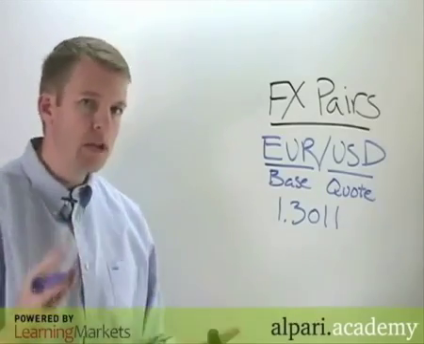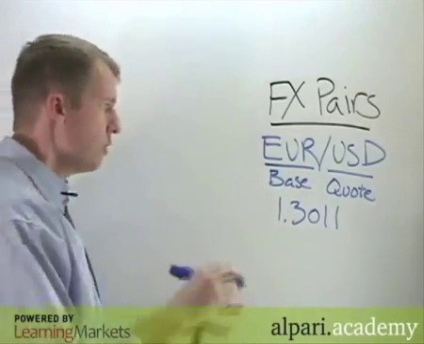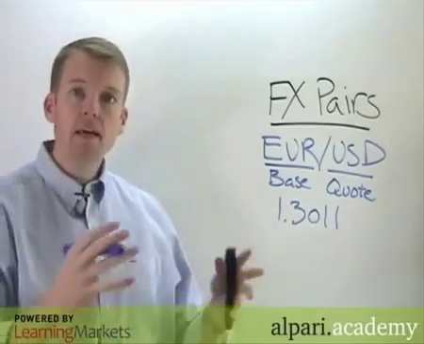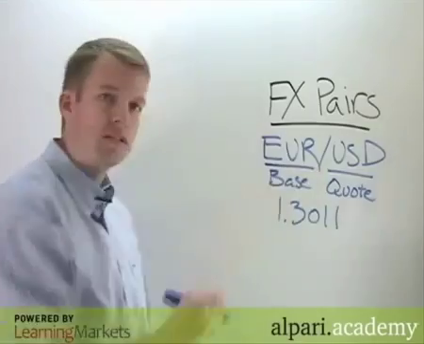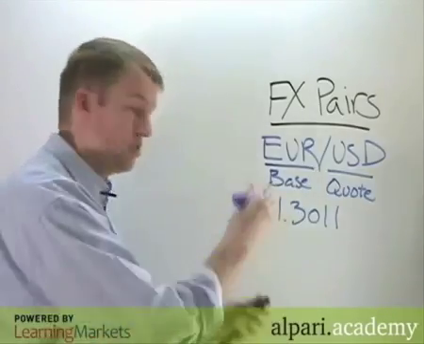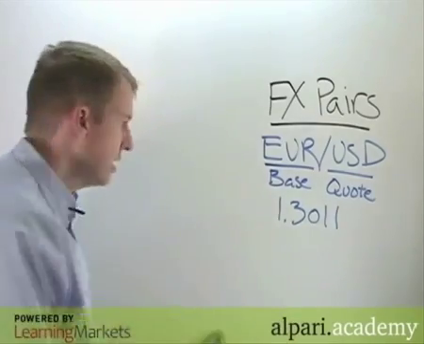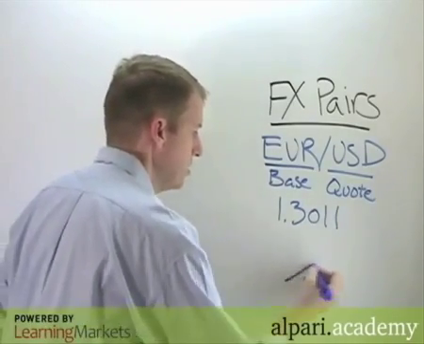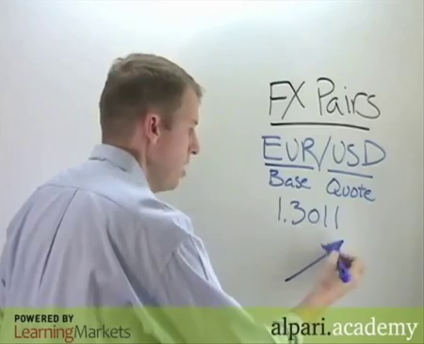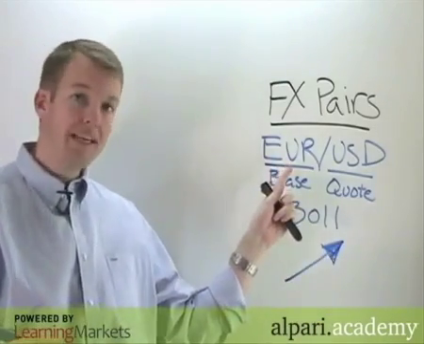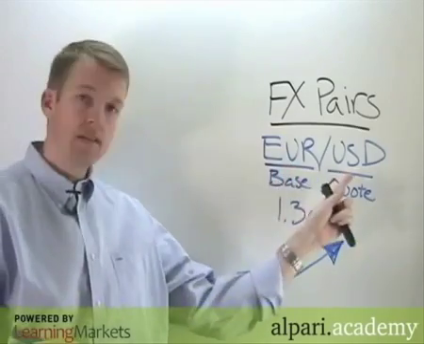Now the second thing that you have to really understand is when you're buying or selling an exchange rate, you're essentially making an investment that one of these currencies is going to weaken or strengthen, as the case may be, versus the other one. In this case, if we were to imagine that the Euro USD was going to go up, what we're really saying is that we think that the euro is going to gain in value versus the dollar.